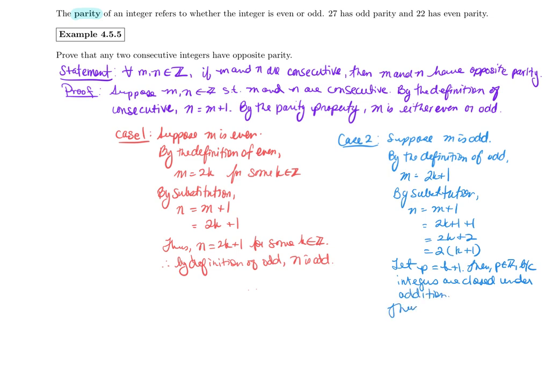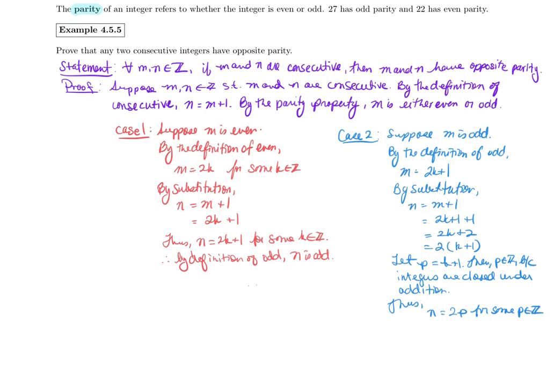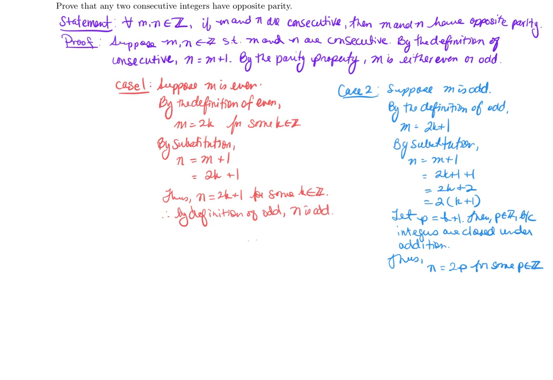So thus, we have that n is equal to 2 times p for some integer p. And that sounds like the definition of, you guessed it, even. So we would say, therefore, by the definition of even, n is even.